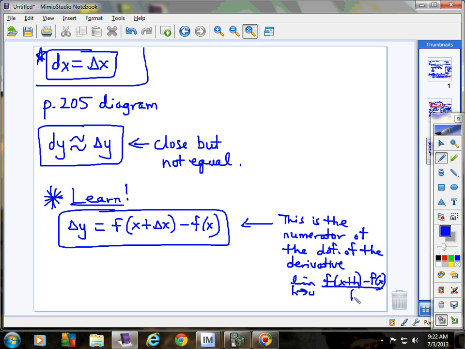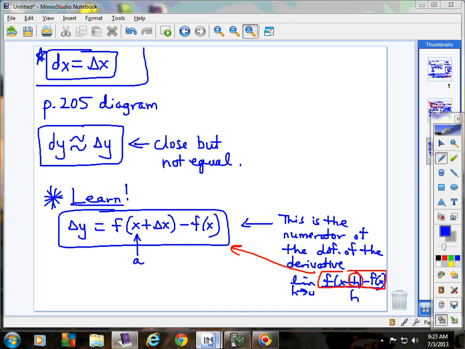You had to work the problem out the long way, didn't you, on your second test? So that thing right there is that: f of x plus delta x minus f of x. We call delta x h. It's that same thing. So if you're having trouble remembering what delta y is, remember the top of that, and that's what it is. That's delta y. Now, sometimes your book will call this x a.